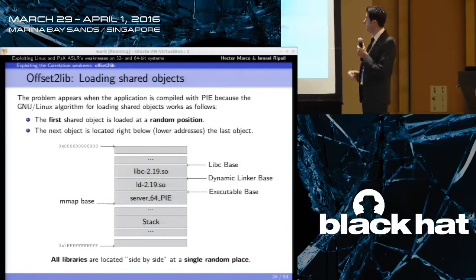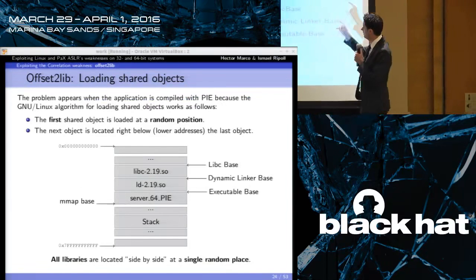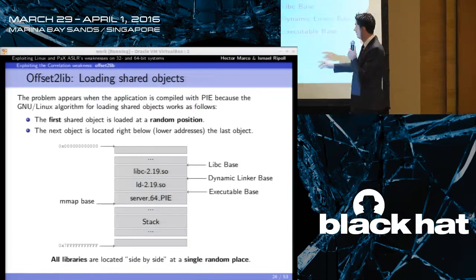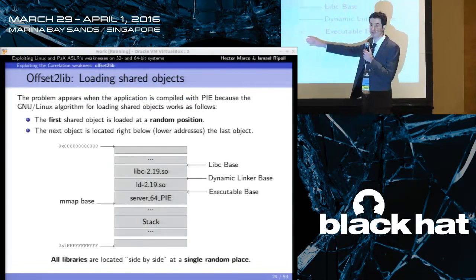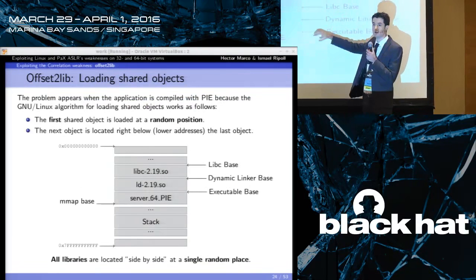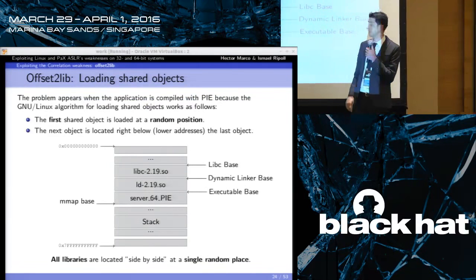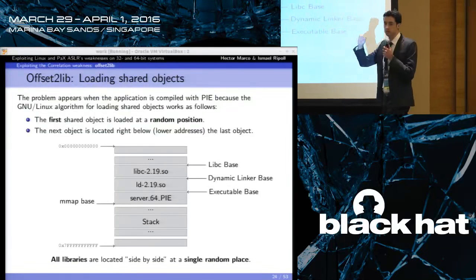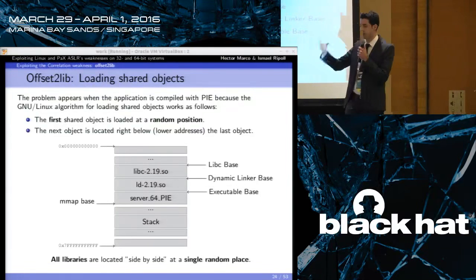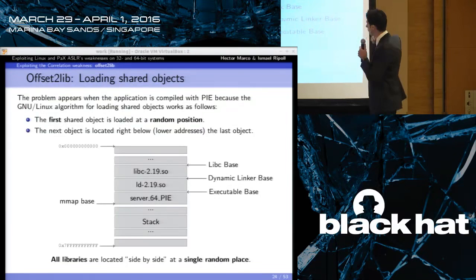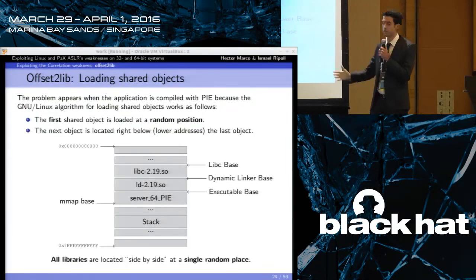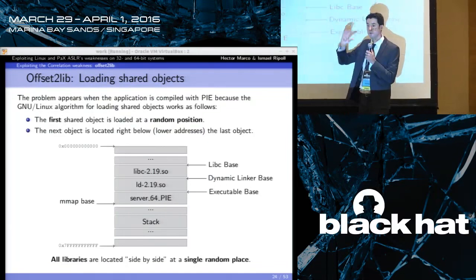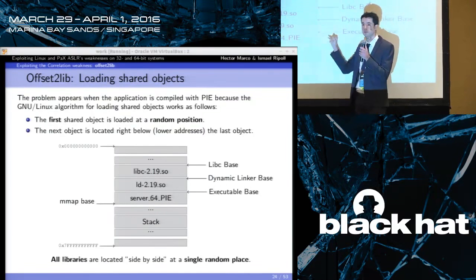As Ismail says, the problem appears when the executable is PyCompile, because the executable is loaded in memory side by side together with the libraries. Maybe you think that the ASLR is a mechanism which loads every object in every place of the memory. But actually, to randomize the libraries, only the first one is randomized.